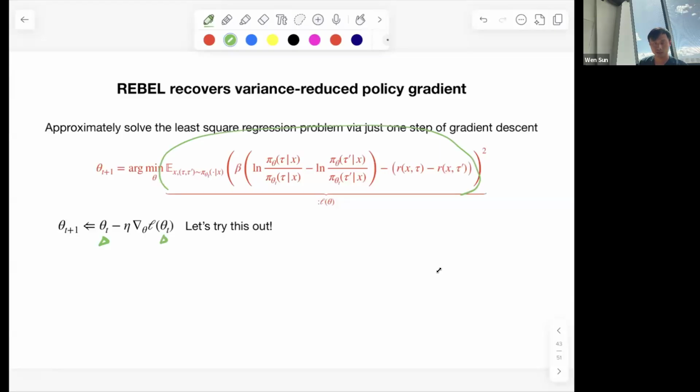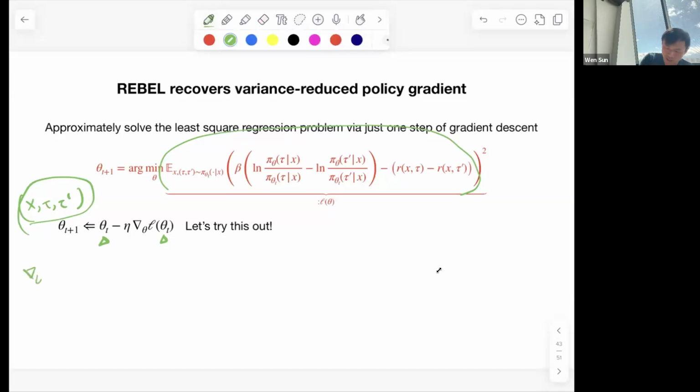Okay, let me just do this for you. Let's just focus on a given x, tau, tau prime triple. Don't worry about the expectation. You can compute the gradient and add the expectation back, but let's just do the gradient on x, tau, tau prime. This is square loss, so I have to do one step of chain rule. I have to take the derivative of the square loss and then go inside the square loss and compute the gradient of theta.